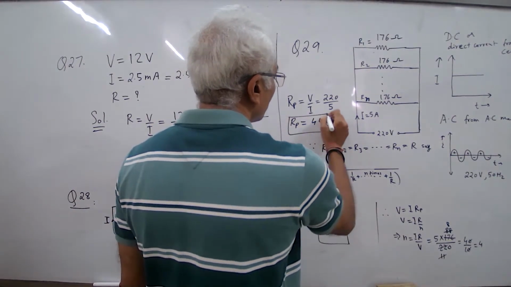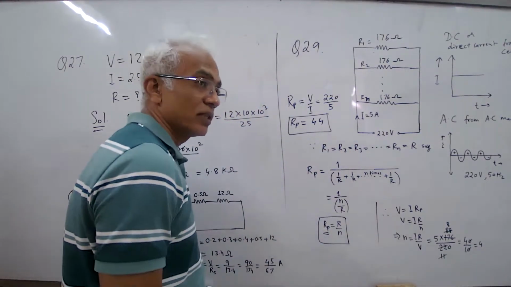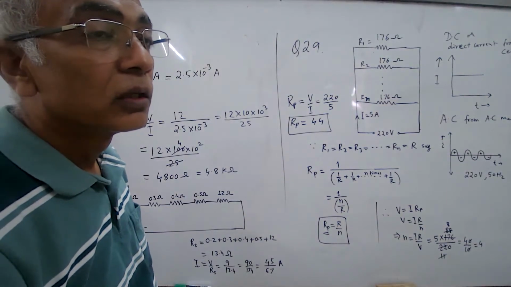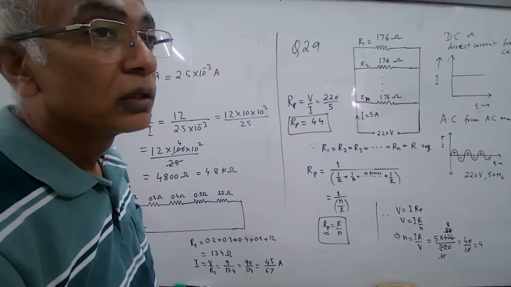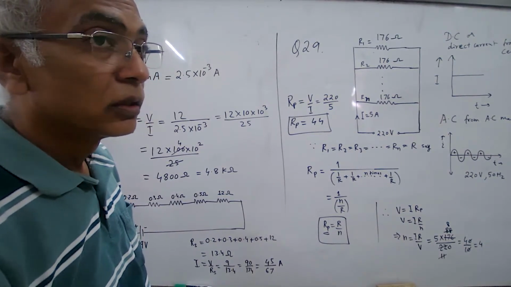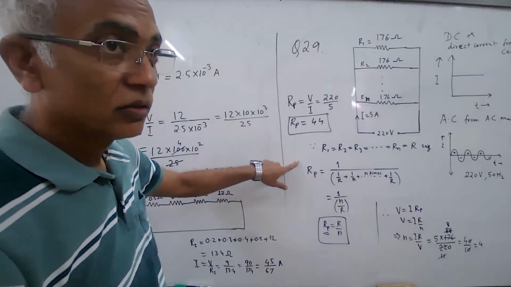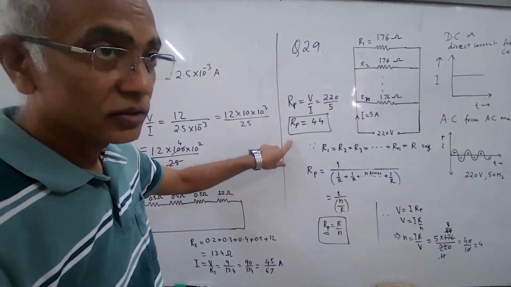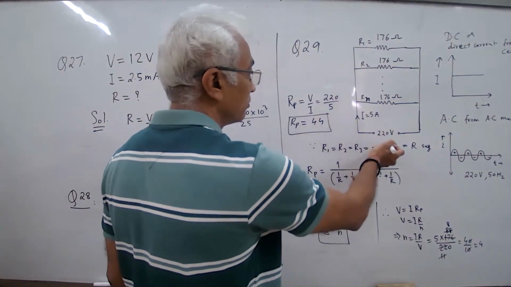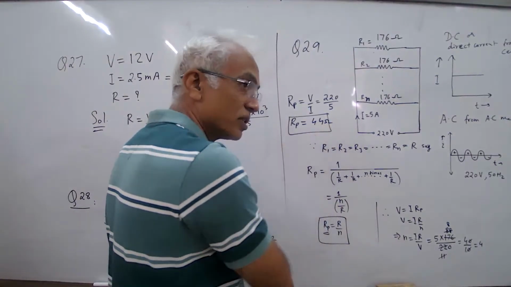Then equate Rp with R by N. From Ohm's law, you get the equivalent resistance of the parallel combination, which should be 44. Only then will you get 5 ampere when 220 is applied. So this is the equivalent resistance.